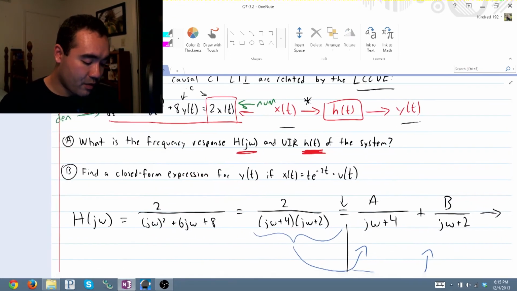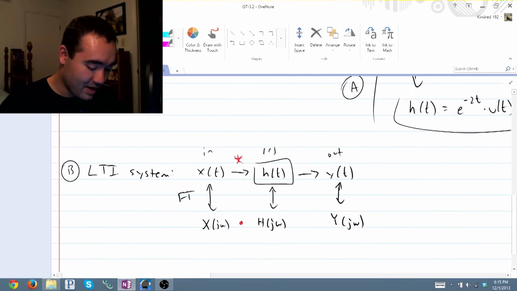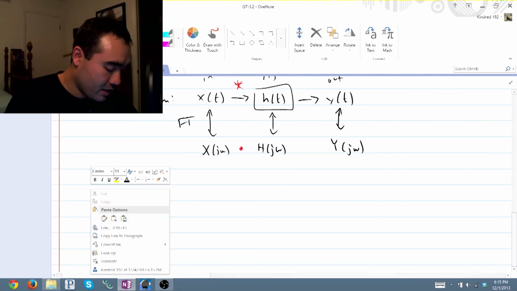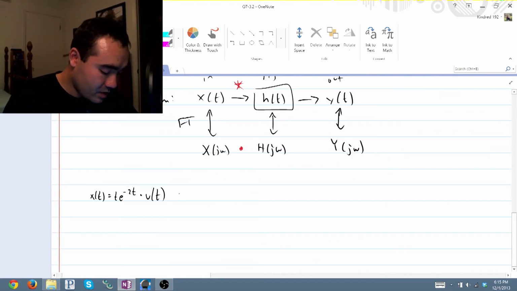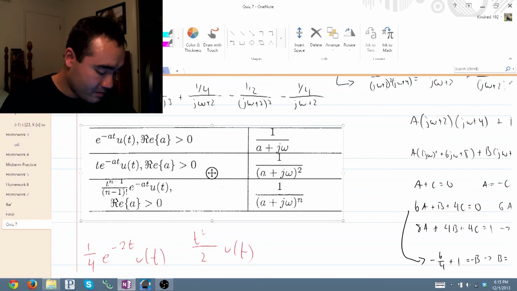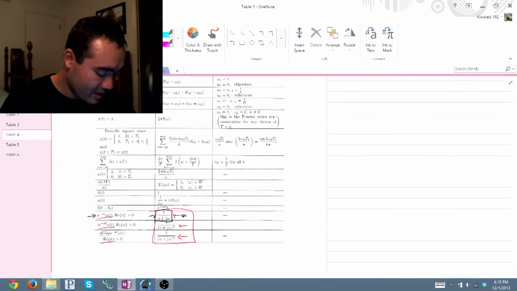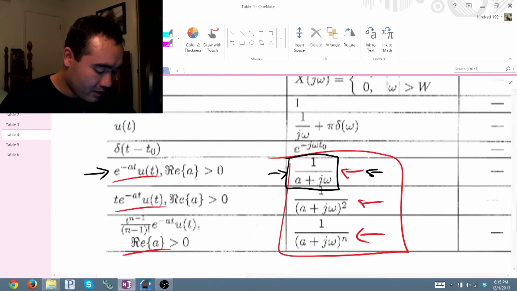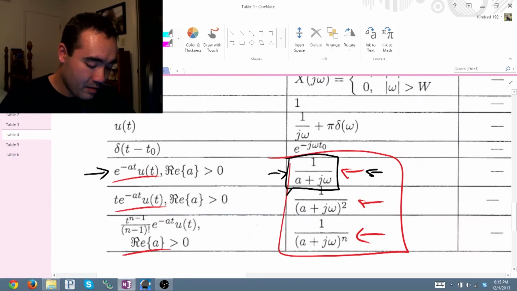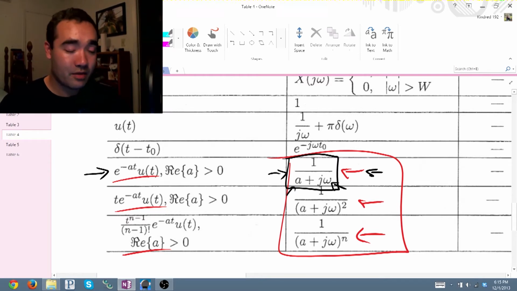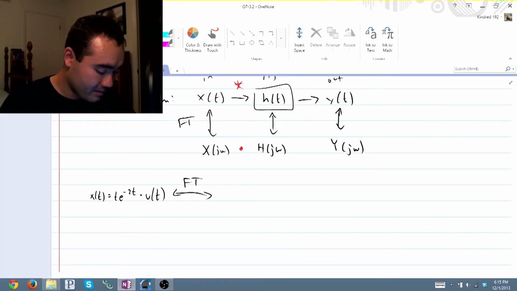We're going to do the same with our new input here, which I'm going to go ahead and copy right now, as a matter of fact. Okay. So we're going to paste this here, and we're going to send this into the frequency domain. Now, looking at our table, we know that we just take a, put it in the denominator, add j omega, and it's good, right?